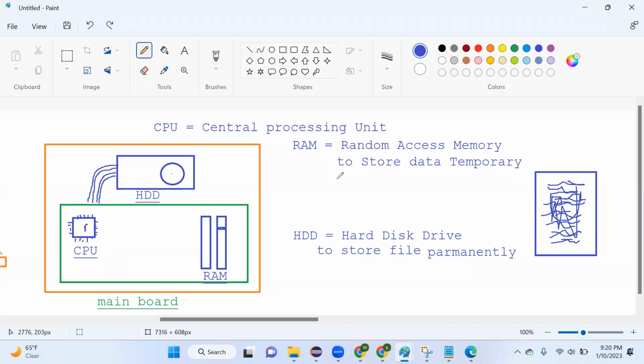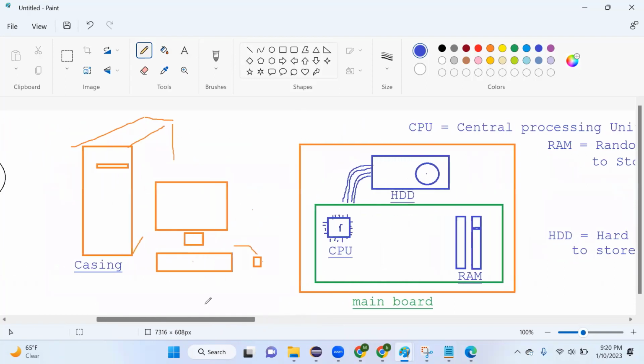So it's not permanent here, right? It must be in the RAM. Good question. He's asking that whenever I type the letter A from the keyboard, then where does the A go?